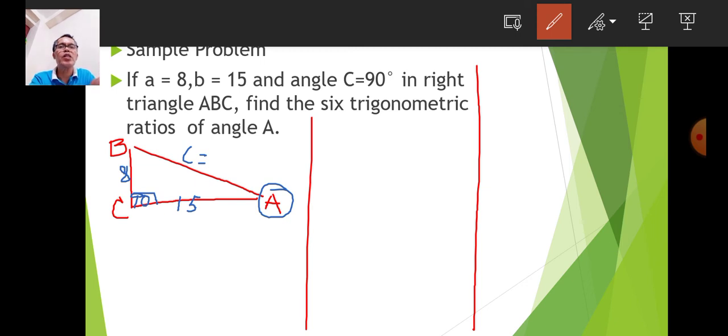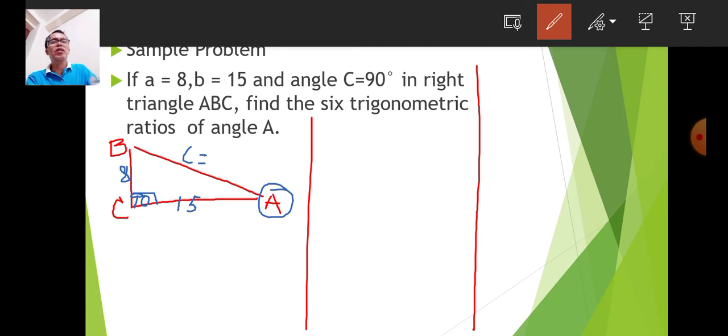Since we have a right angle in the triangle, we are going to use the Pythagorean relation to determine the value of C. The Pythagorean theorem states that the square of the hypotenuse is equal to the sum of the squares of the other two legs.